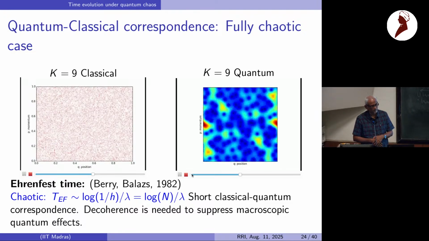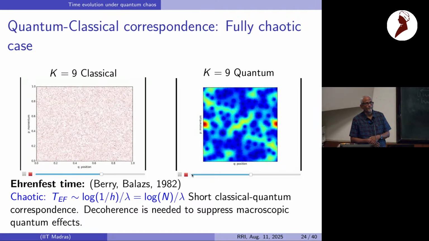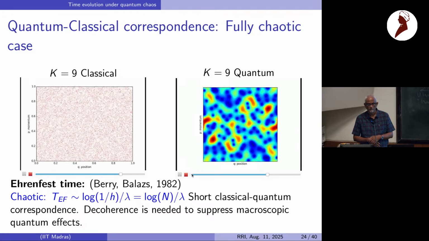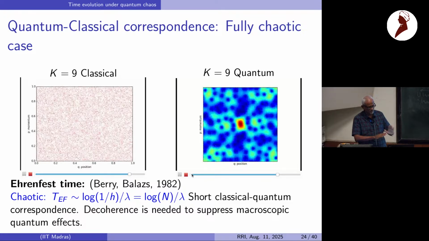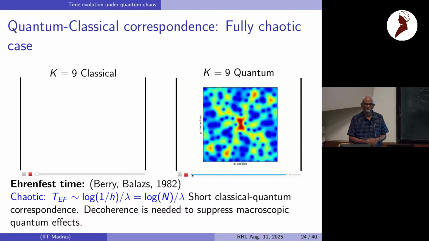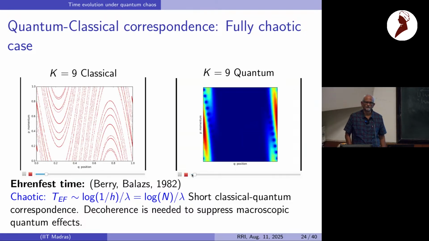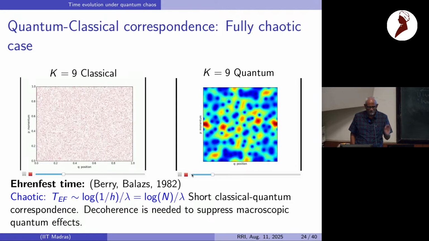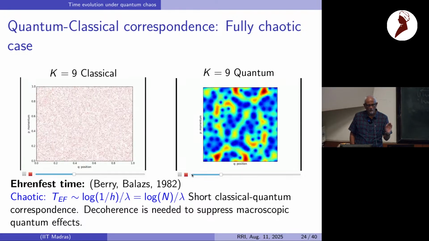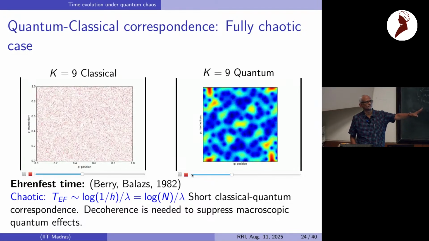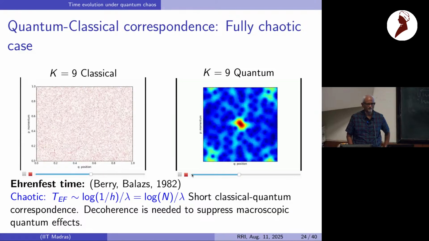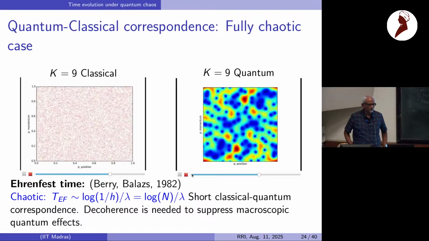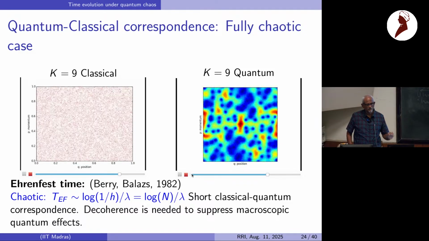Sorry, the Lyapunov exponent in the classical one? This is the classical Lyapunov exponent. But is that Ehrenfest time also true for the quantum case? This is quantum, yeah. Ehrenfest time is only there for quantum to say that it has stopped bothering about classical. It's not anymore like the classical. The time scale is estimated as log n divided by lambda.